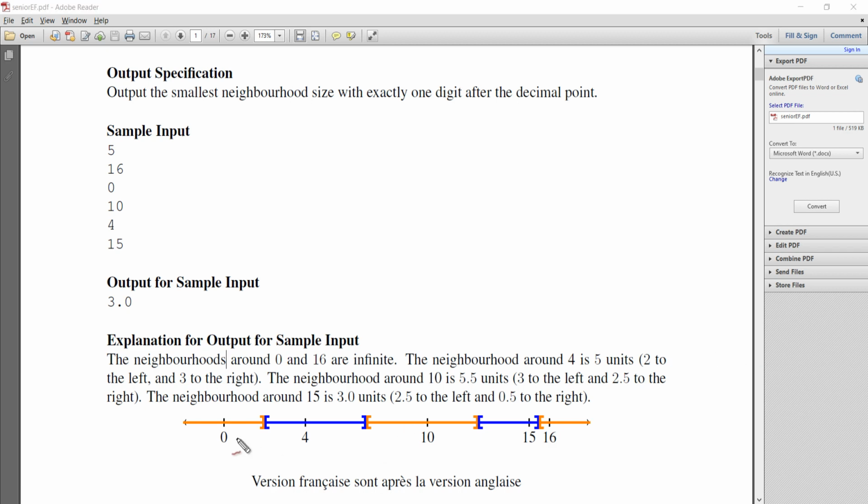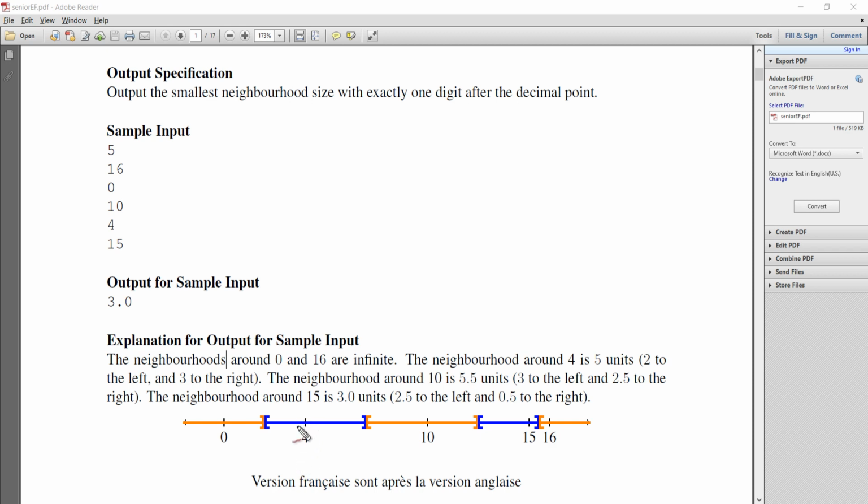So here, after all the positions are sorted, we have 0, 4, 10, 15, and 16, and we know the size of the village at point 0 is infinite, so we don't consider this one.